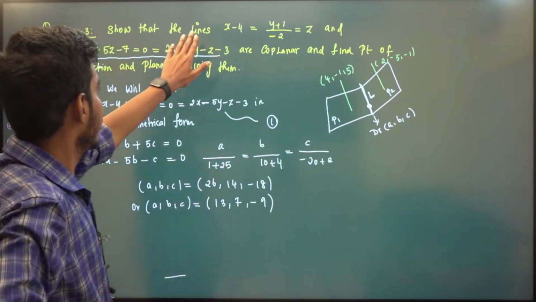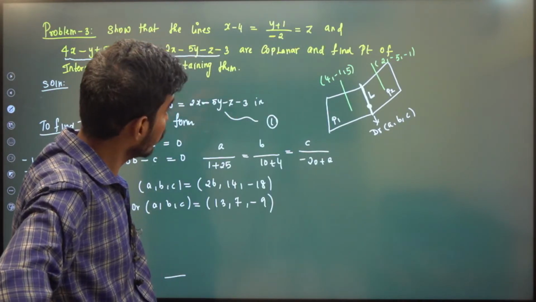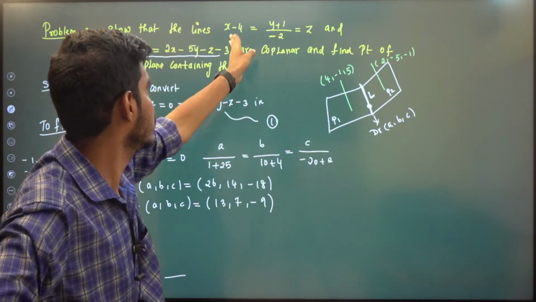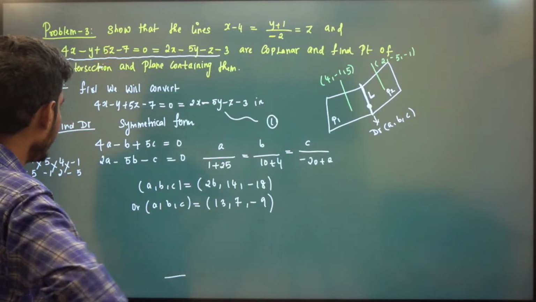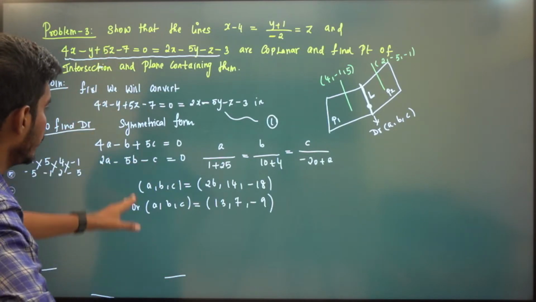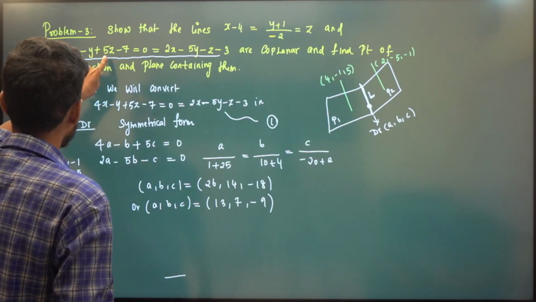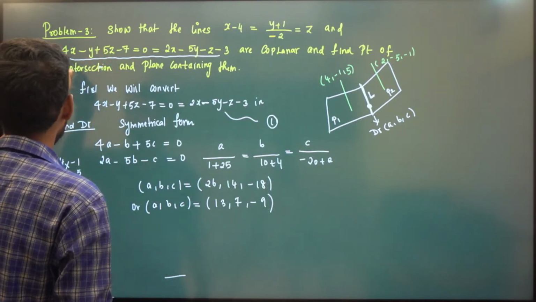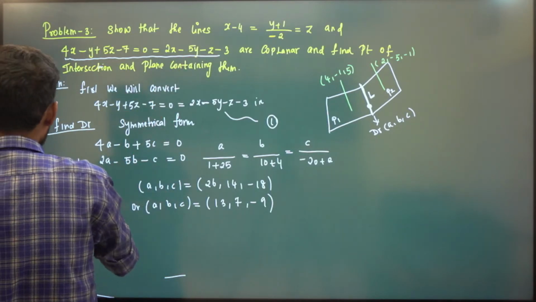So they are given the first line, 1, minus 2, 1, 4, minus 1, 0. So we know x1, y1, z1, a1, b1, c1. We are converting this to symmetrical form, so we are finding direction ratios. It is minus 1, 5, minus 1, 5, 4, minus 1, minus 5, minus 1, 2, minus 5.